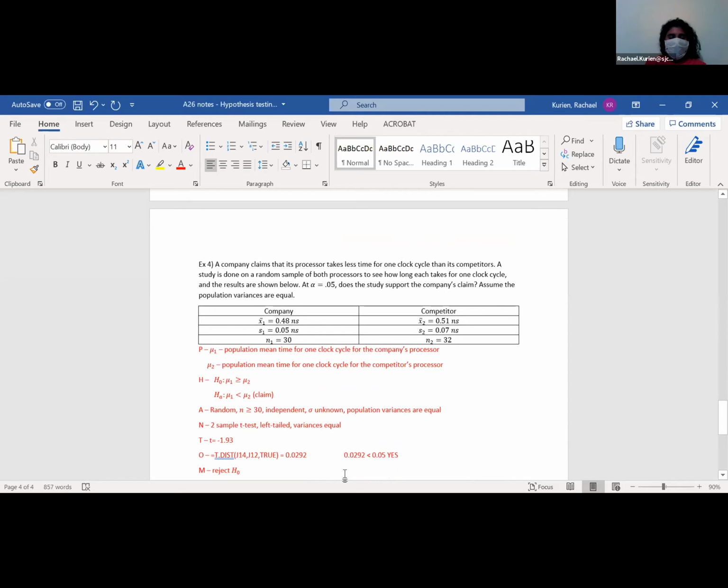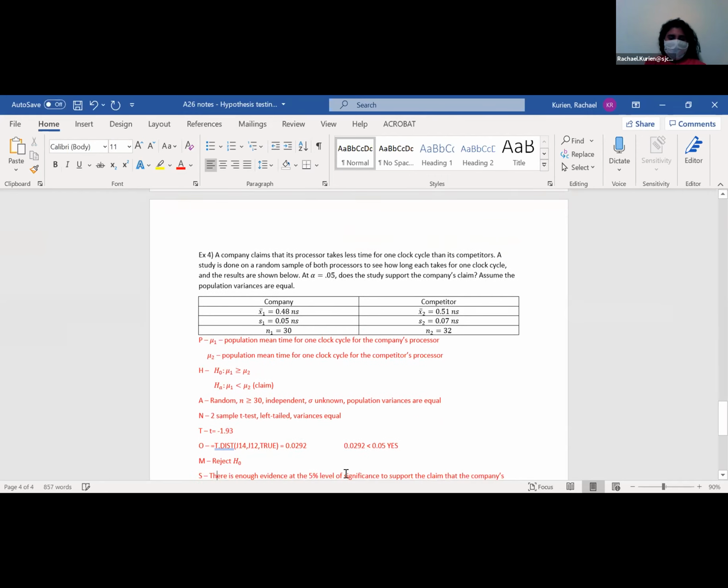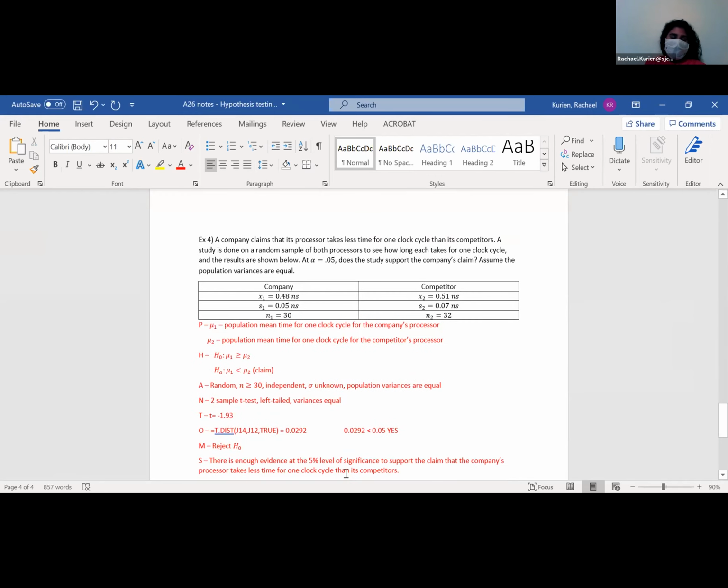So we are going to reject the null hypothesis. So now to our conclusion. There is enough evidence at the 5% level of significance to support the claim that the company's processor takes less time for one clock cycle than its competitors.